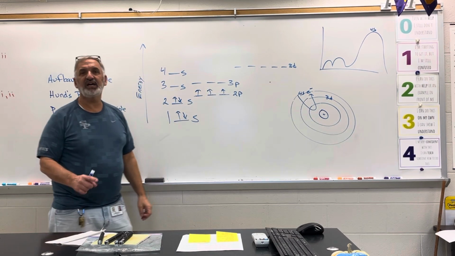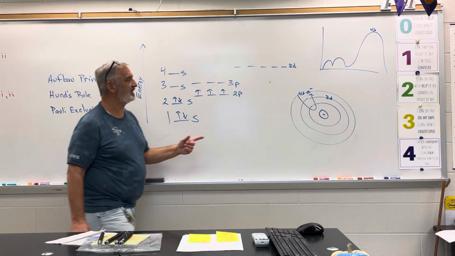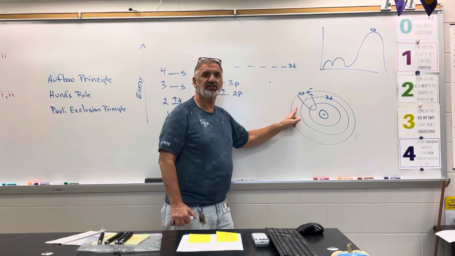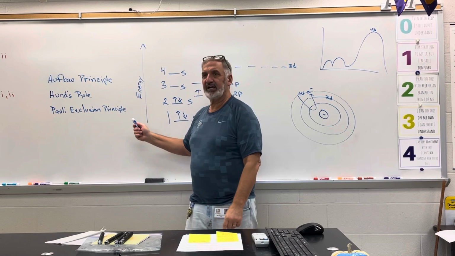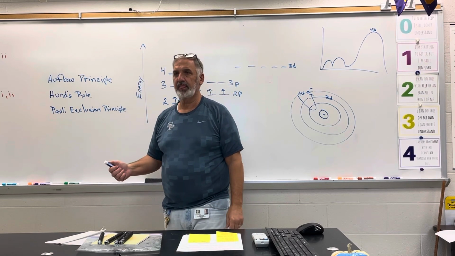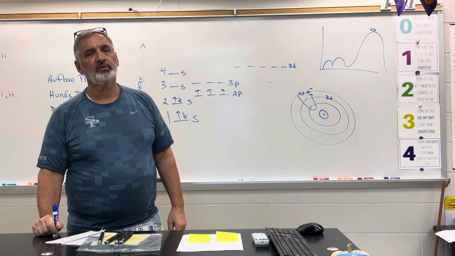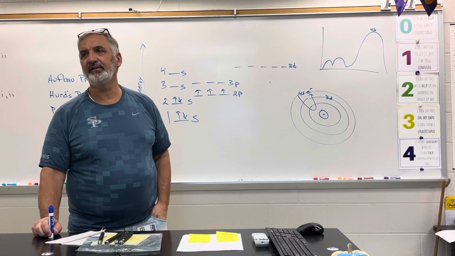Now, who said that we can't know the exact position and energy of the electron? Heisenberg. That's the Heisenberg uncertainty principle, right? So we need to know these 3 plus the Heisenberg uncertainty principle. And then who treated the electron like a wave and described everything in terms of waves?